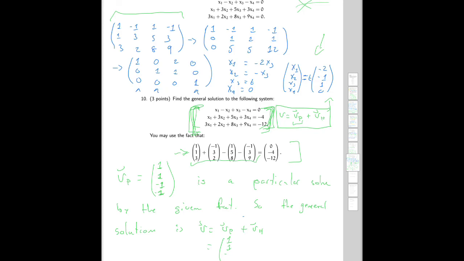VP is 1, 1, minus 1, minus 1, plus the general solution to the corresponding homogeneous equation, plus T times minus 2, 1, 1, 0. Okay, and so this is the general solution to the system of equations in problem number 10. And again, we're using this fact here that the general solution is equal to a particular solution plus the general solution to the homogeneous equation.